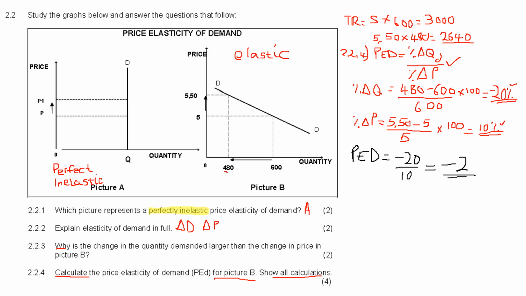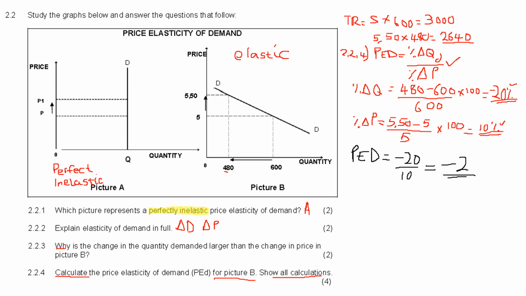Then you check where 2 fits. Does it fit between 0 and 1? Or is it equal to 0? Or is it equal to 1, or does it fit between 1 and infinity? Yes, you got it right.